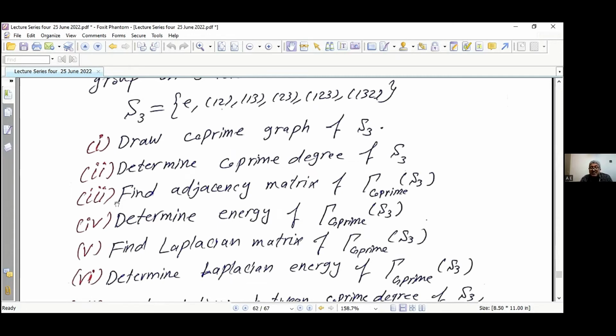Coprime degree. And the third one is to find the adjacency matrix for the coprime graph of S3.